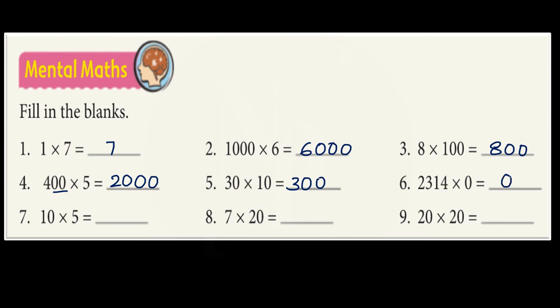Any number multiplied by 0 is 0. 10 into 5 is 50. 7 into 20: 7 twos are 14, and we should put 1 zero here because we have 1 zero in 20. 9. 20 into 20: 2 twos are 4, and we will write 2 zeros to the right because we have one zero each in these 20s. So 20 into 20 is 400.